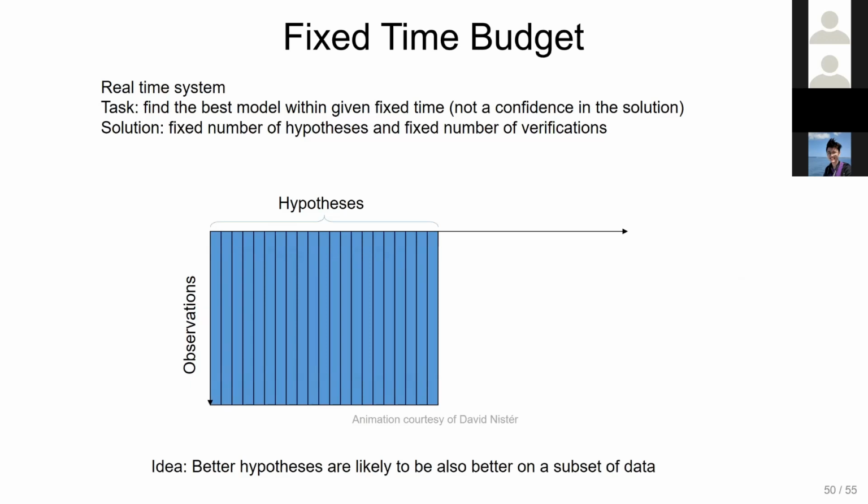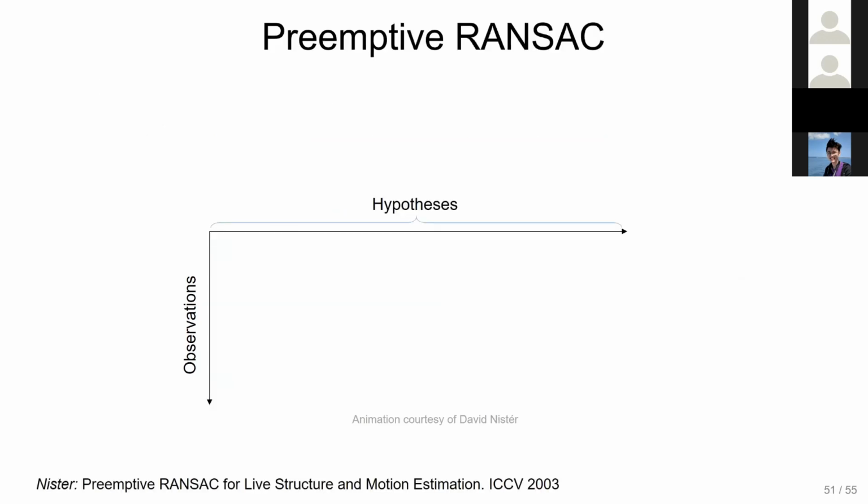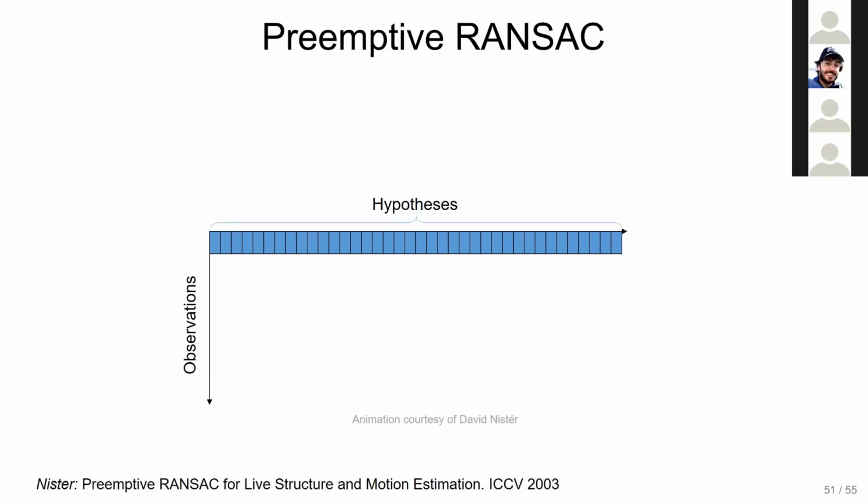So the idea here is that the hypotheses that are better are likely to be better on a fraction of the data as well. Preemptive RANSAC, proposed by David Nistér, generates a higher number of hypotheses, but verifies only a small fraction of the observations. And you have some estimate of how good each of the hypotheses is.